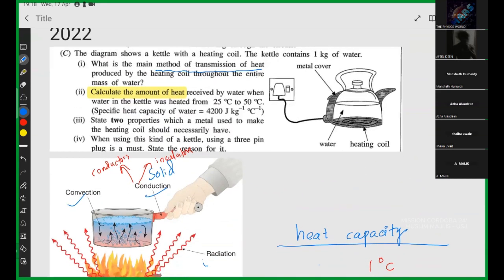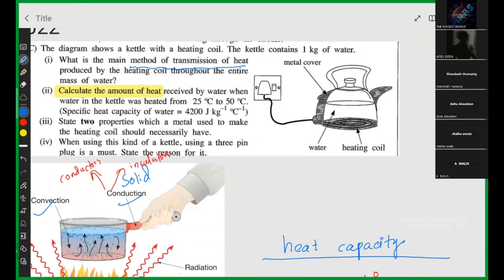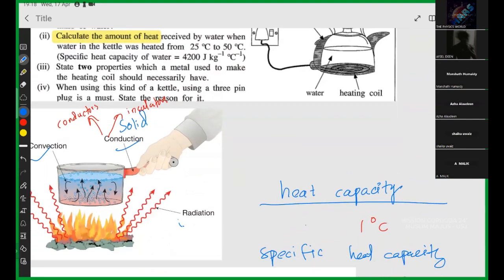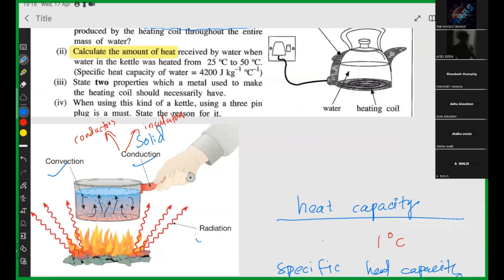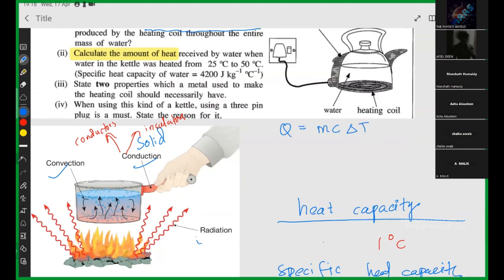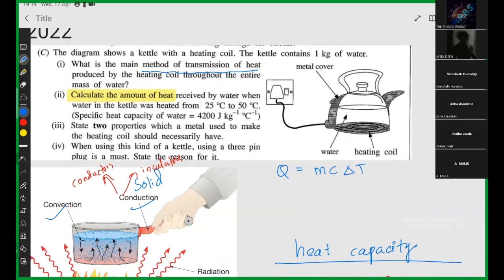The next thing is, when you look at the question, the same equation you can apply. So Q equals MC delta T. In this question, tell me what's the mass given here? It's 1 kilogram of water. Already they have mentioned it in the question. The unit is important.